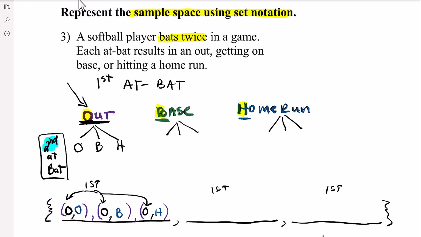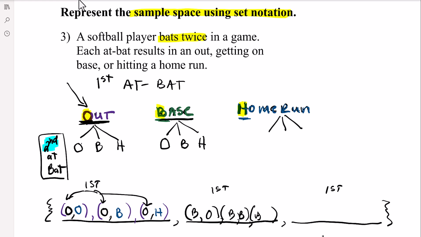Now, what happens if the first time you were at bat, you got a base hit? Well, that's a base hit. But then the second time, you could get an out, a base hit, or a home run.